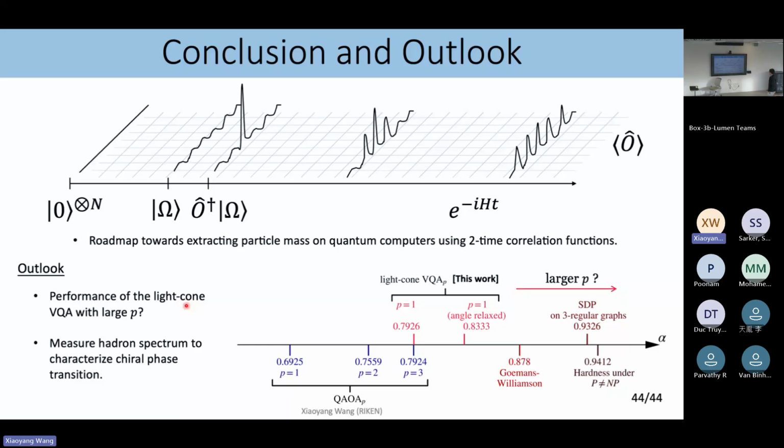And maybe using the light cone VQA, we can have a more accurate state preparation, for example, by having a larger number of rounds to see whether its performance guarantee can surpass the classical threshold, or to choose a better classical optimizer, something like that. And yeah, so this is all my talk.